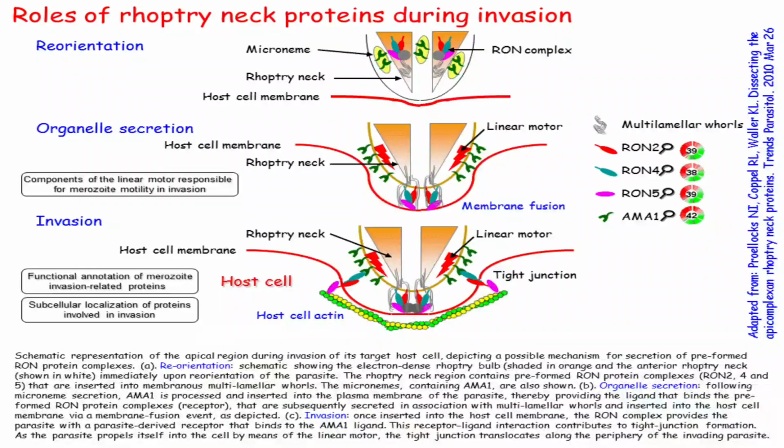So during inversion, once inserted into the host cell membrane, the RONI complex provides the parasite with a parasite-derived receptor that binds to the apical membrane antigen ligand. This receptor-ligand interaction contributes to the tight junction formation as the parasite propels itself into the cell by means of the linear motor.